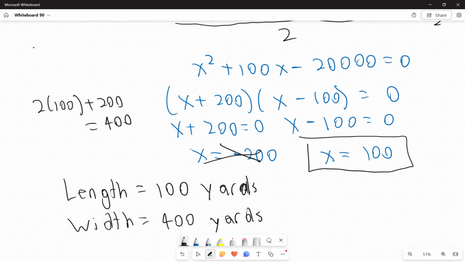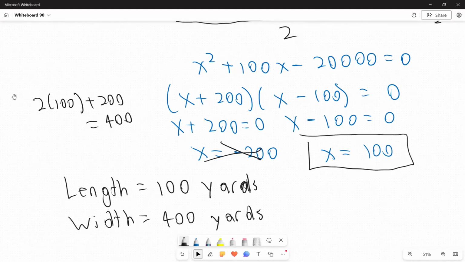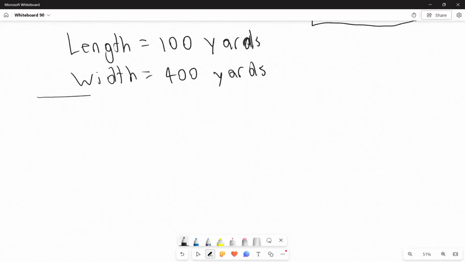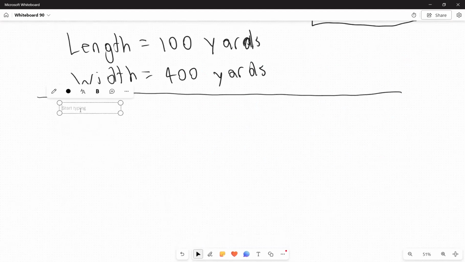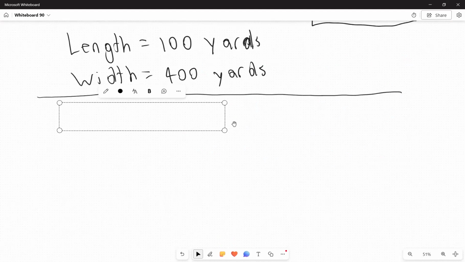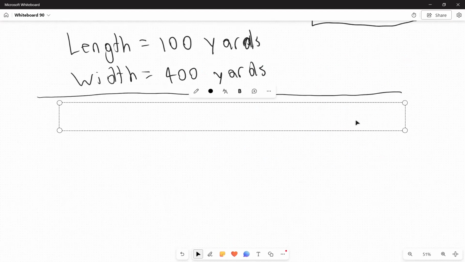The next application involves the formula for the volume of a rectangular box. So that's a volume problem. I will rewrite the formula.